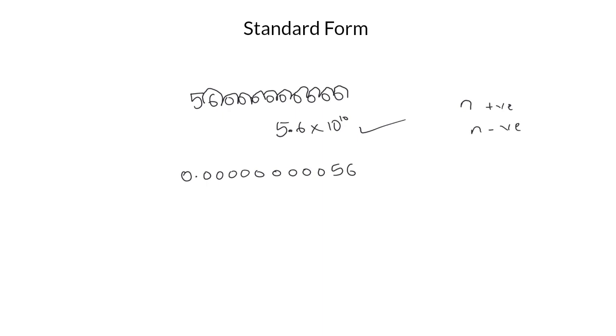Your n is always positive if the number is very big. And your n will always be negative if the number is small. Now, when I say small, I mean any number that is less than 1.